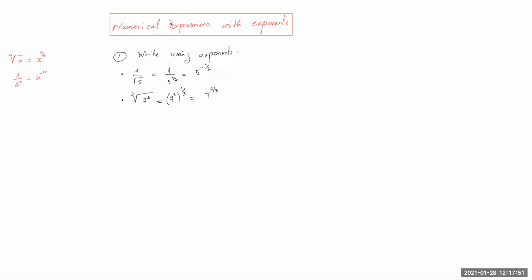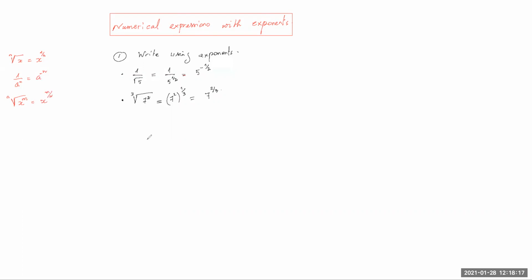So this is how we extended, if you remember, we defined the nth root of x to the m, and we keep just the same pattern here. We said it's x power m/n.